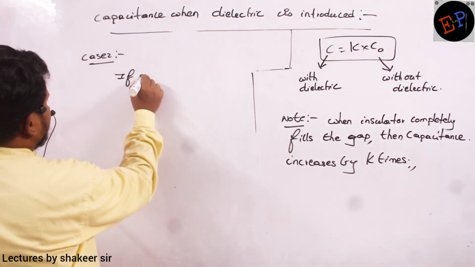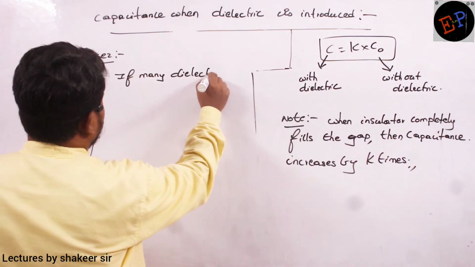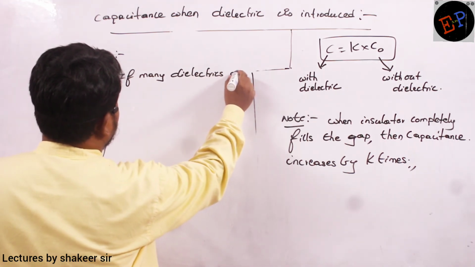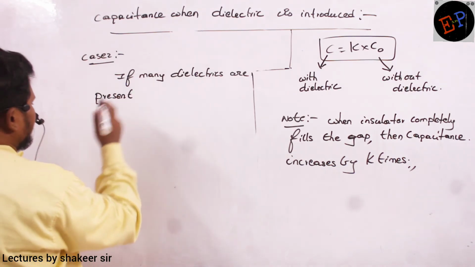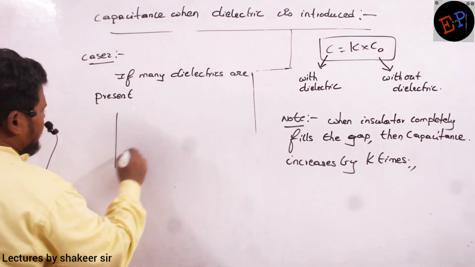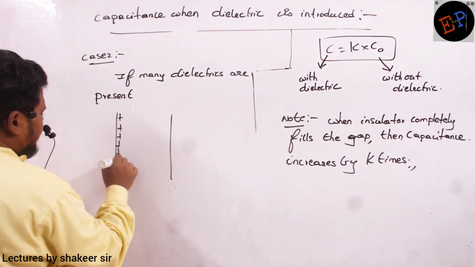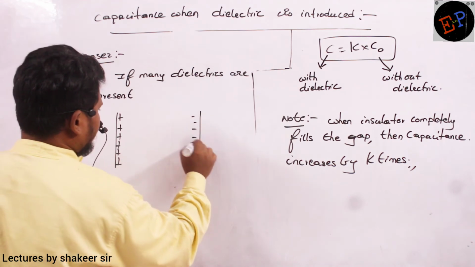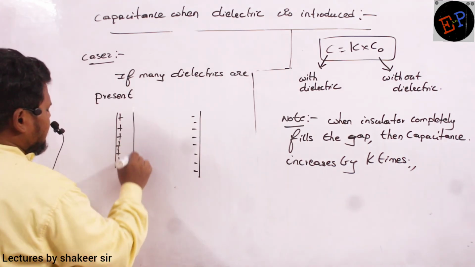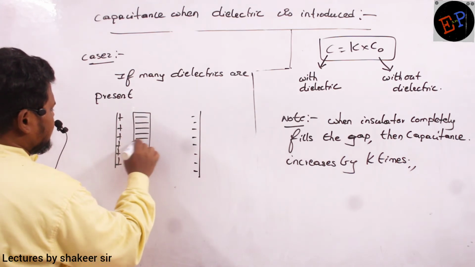If many dielectrics are present. It means that, for example, these are the plates of the capacitor. Consider there are 2 or 3 dielectrics which are arranged like this.